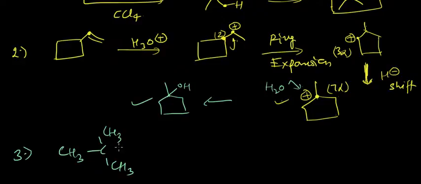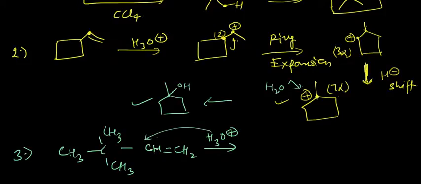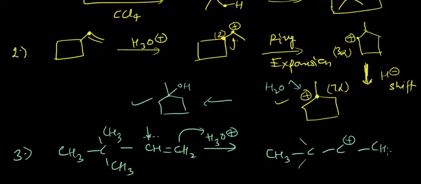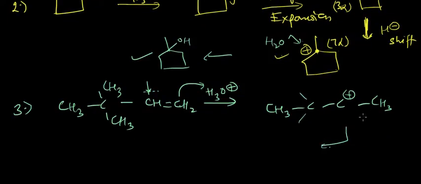What will happen here is, again, if we hydrolyze it, the positive charge will come first onto this position, because the alkene will add hydrogen at this position, so this position will get positive charge. As a result, we'll be getting something like this and CH3 here. Next, what will happen is an H minus shift, or rather a CH3 minus shift.